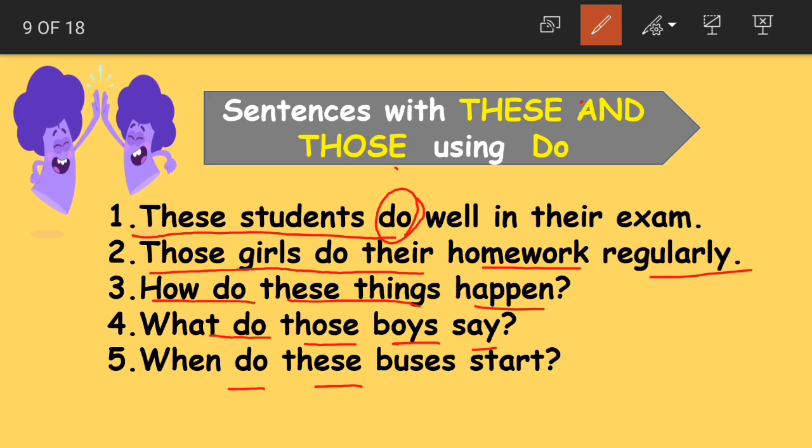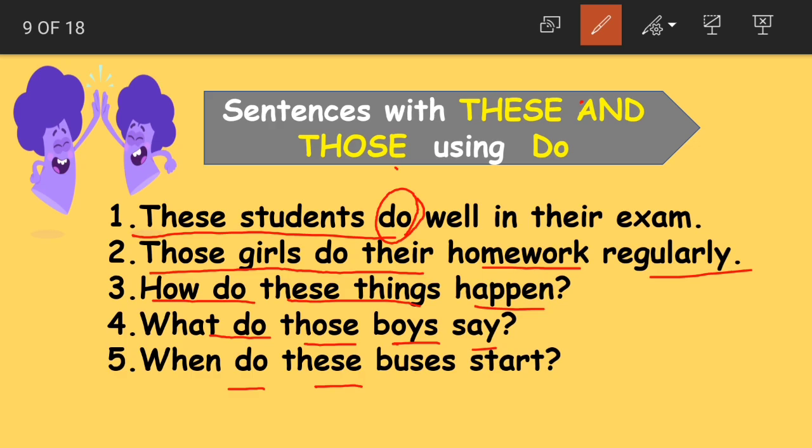You want the buses to go and you want your bus to come, or else you want to know when those particular buses are going to start, because you are sitting in front of those buses. Okay, so then you can say like this: when do these buses start? You can ask your parent or elders, whoever is there with you. When do these buses start? Because the buses are nearer to you.